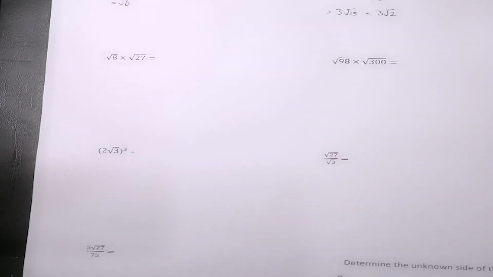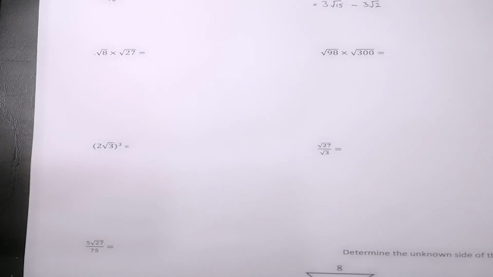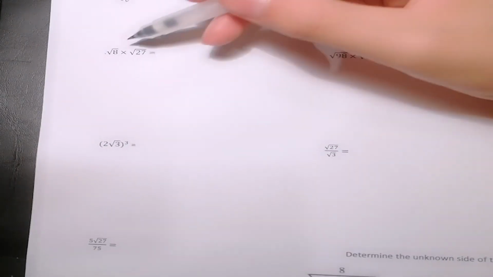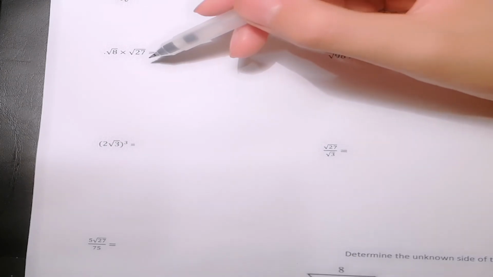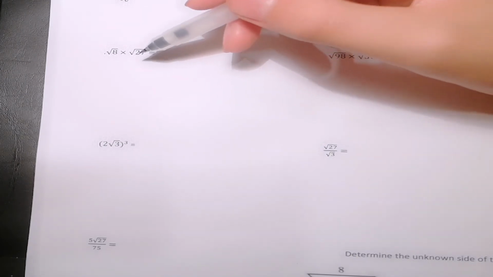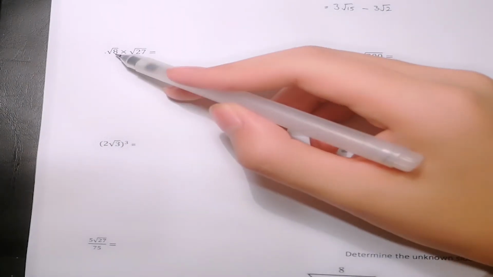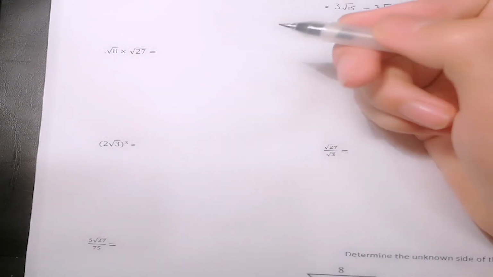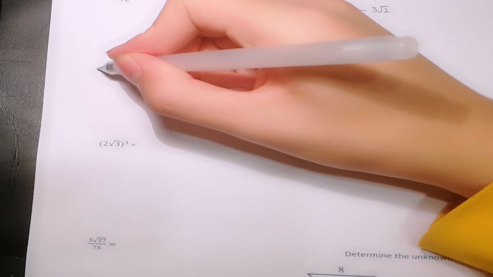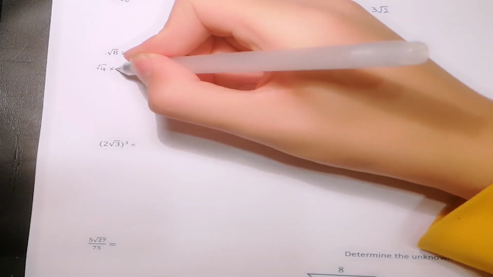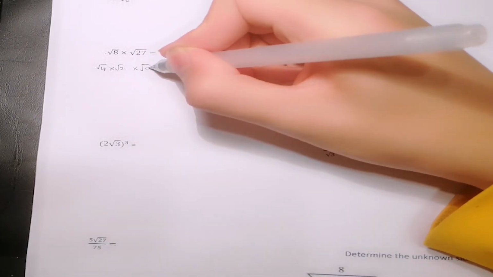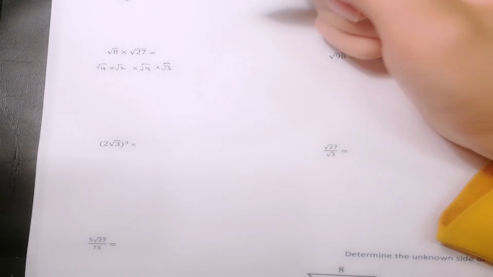So the next question is really similar to the first one we did, except here there are two ways of doing this question. One is by multiplying 8 and 27 first, or we can do the easier and more convenient way of first factorizing and then multiplying both terms. If we do the second option, we'll get the square root of 4 times the square root of 2 multiplied by the square root of 9 times the square root of 3.